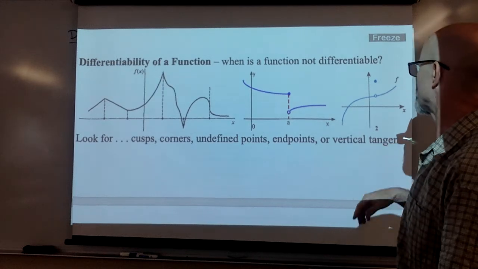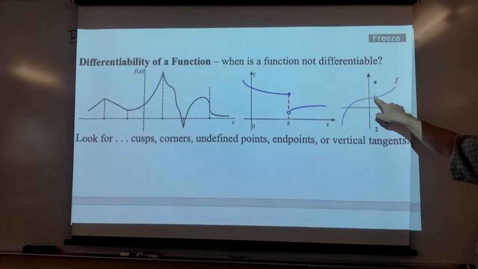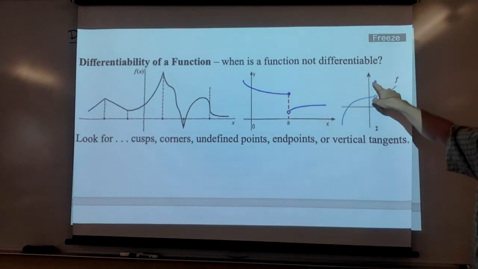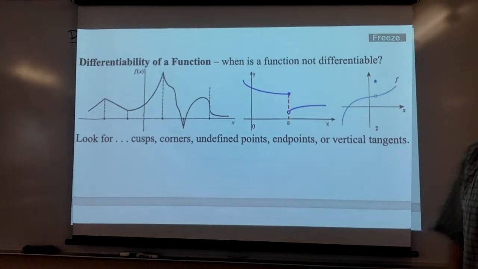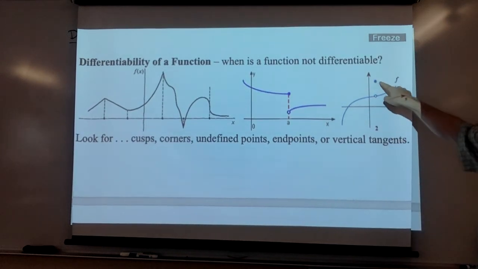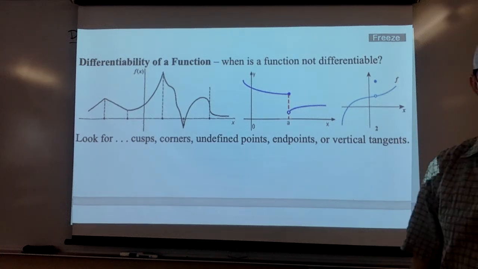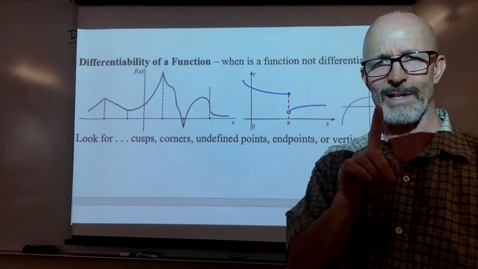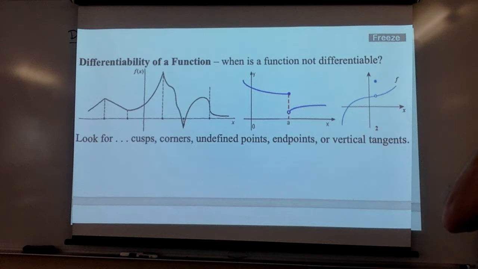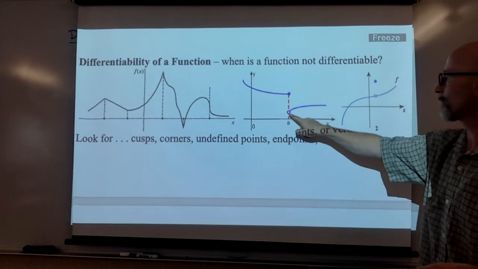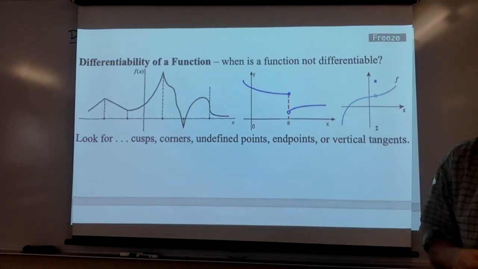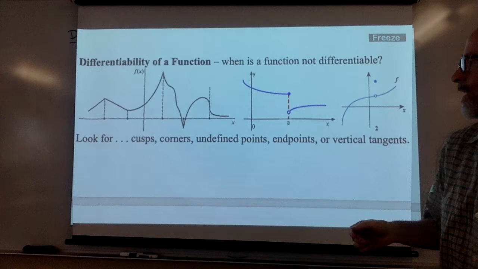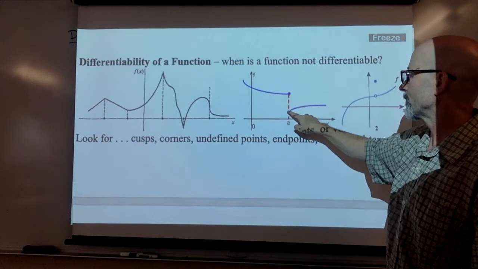Also, undefined points. You've got a hole here. There's no derivative there. You have one point all by itself up there. You draw a tangent line through that one point. Can you draw only one tangent line? So you can't find the slope of an individual point. If there's a point missing or a break in the graph, there's no way to tell what the slope is right here.